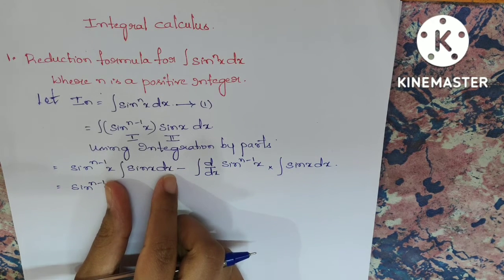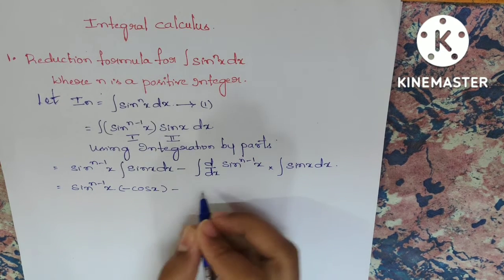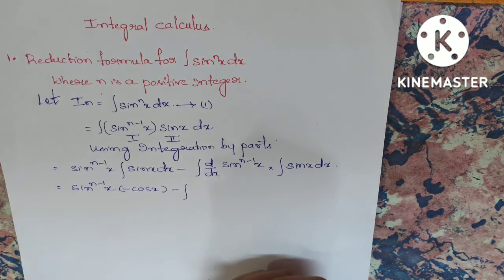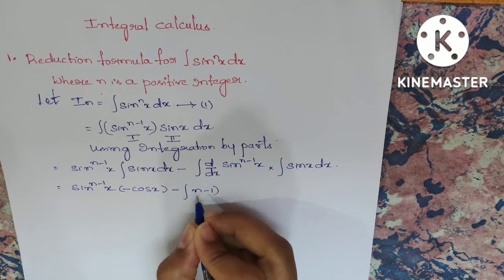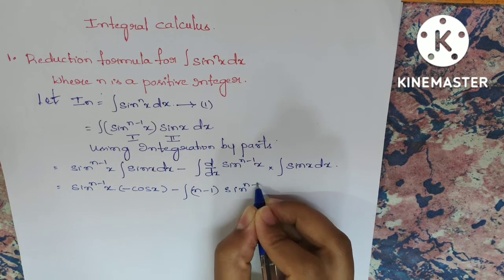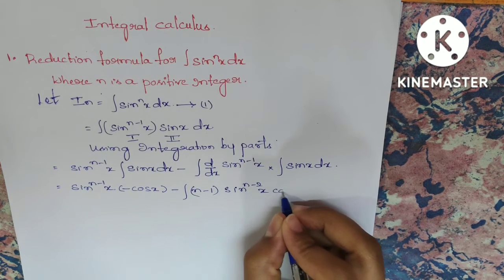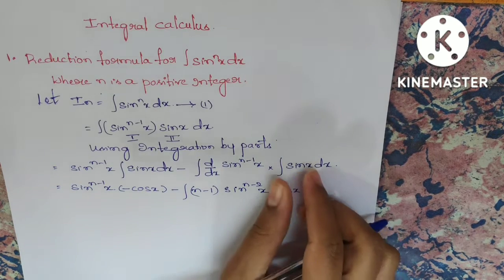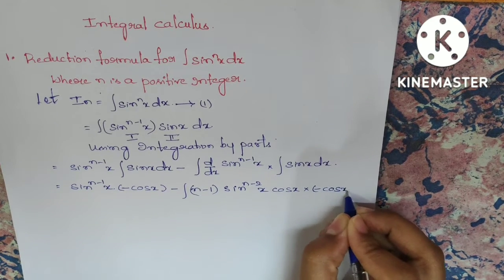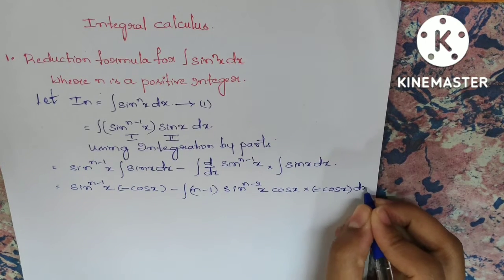Students, integration of sin x is minus cos x, minus differentiation of sin^(n-1) x, which is n minus 1 sin^(n-2) x into differentiation of sin x, which is cos x, into integration of sin x, which is minus cos x, into dx.